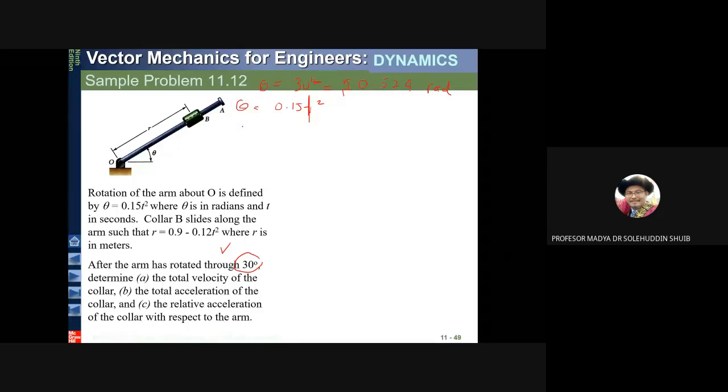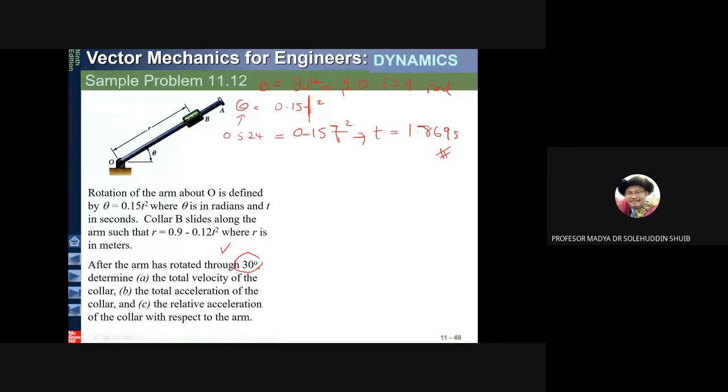We know that theta in radian is 0.524, so substitute here: 0.524 equal to 0.15 t square. Solve for t, and you get t equal to 1.869 second. So this is the first thing that you need to do.